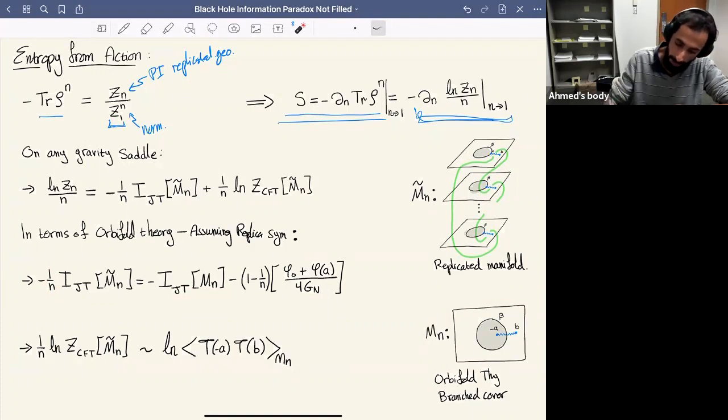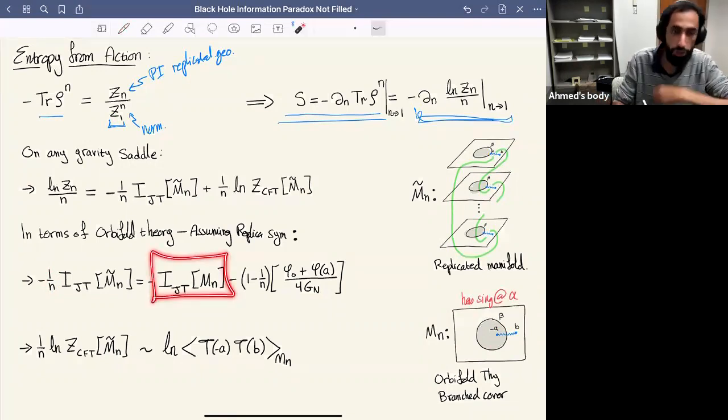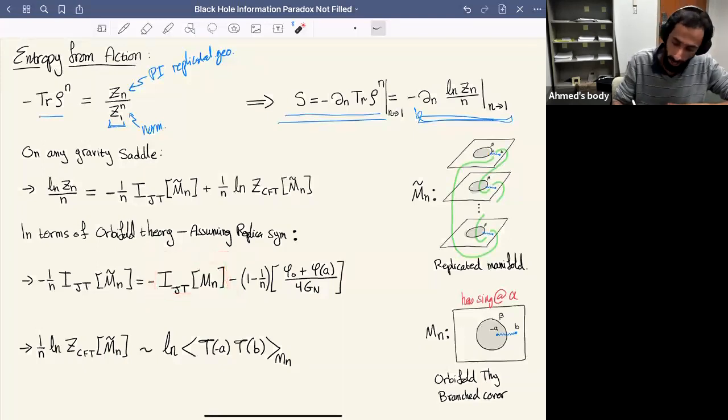However, notice that this configuration in the orbifold theory has a conical singularity at A. But there's nothing in this JT action that would generate such a singularity, and so you would need to add a new term, which is sometimes called the cosmic brane term. So you need to add cosmic branes, which source this conical singularity.